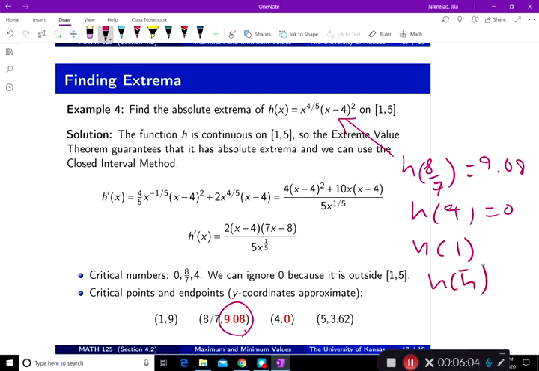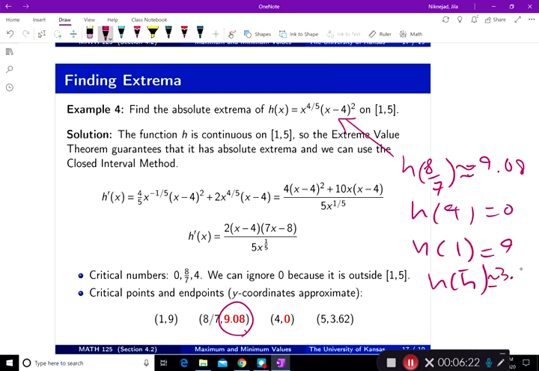And h at 1, if you plug it in, will give you 9 times 1, which is 9. h at 5 will give you approximately 3.62. These are the approximate ones because you have to do the fifth root.